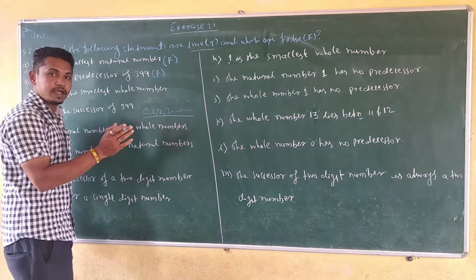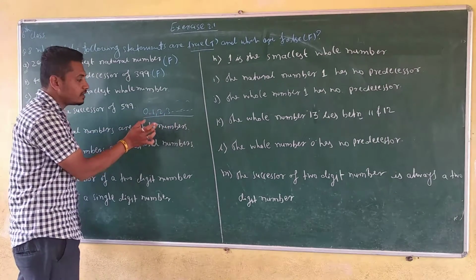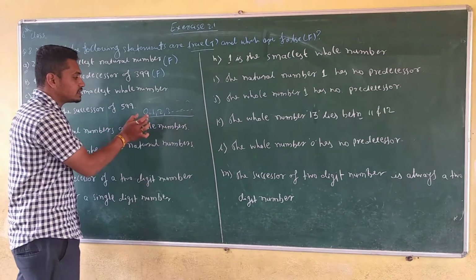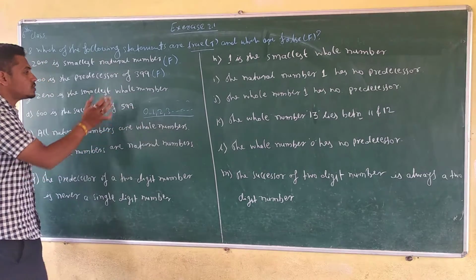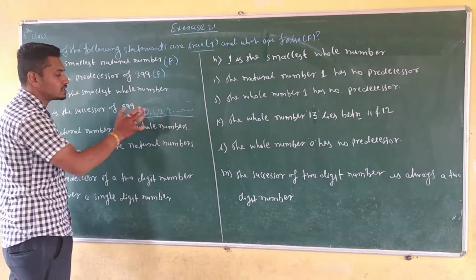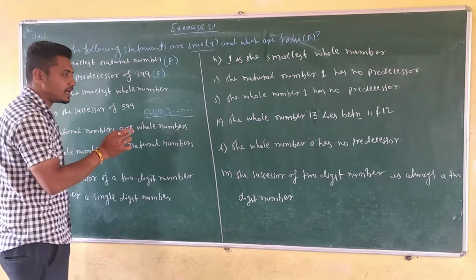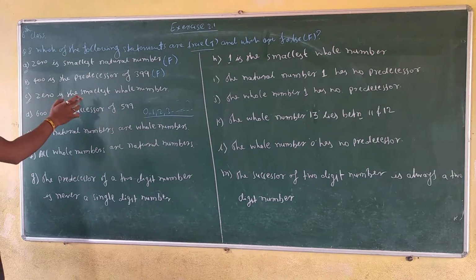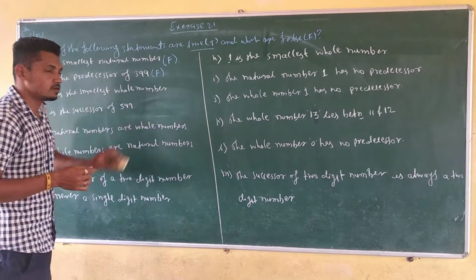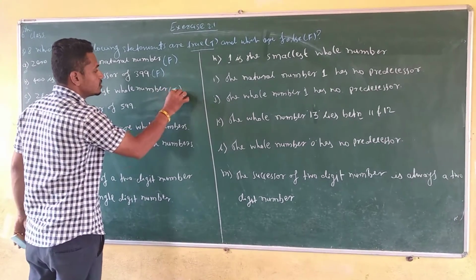Including all natural numbers and 0 are known as whole numbers. And in those numbers, which is the smallest number? 0. So 0 is the smallest whole number. Is this statement true or false? Yes, this statement is true.